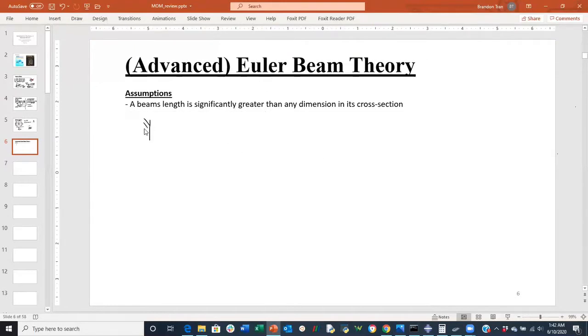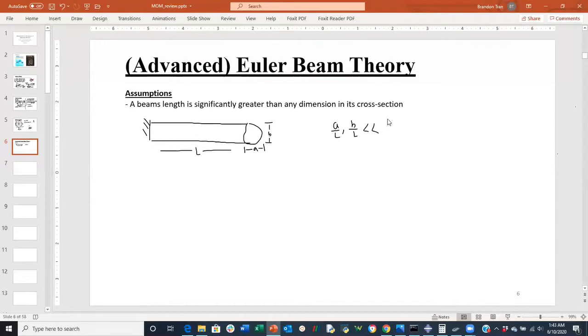If we have a simple cantilever beam here, with some arbitrary cross section and consistent length here, we'll say through the thickness the length is A, and the side width of the beam we'll consider B. What we're essentially saying here is the length of the beam is so much greater than A or B that A divided by the length, or the width divided by the length, is an extremely small number.